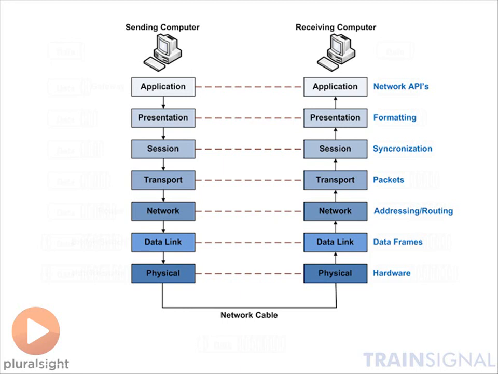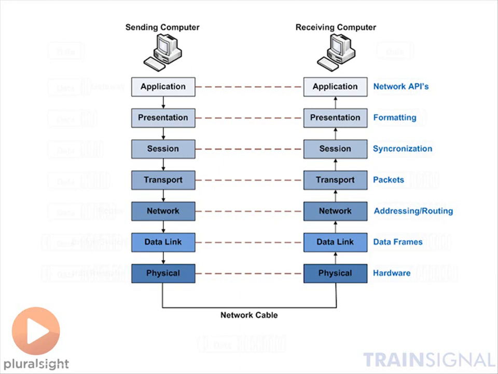And the one other thing that I've drawn on this diagram is you'll notice that there's these little dashed lines that go between the application layer on one computer and the application layer on the other, and the presentation layer on the one computer and presentation on the other computer. As a matter of fact, it does it for each of the 7 layers.